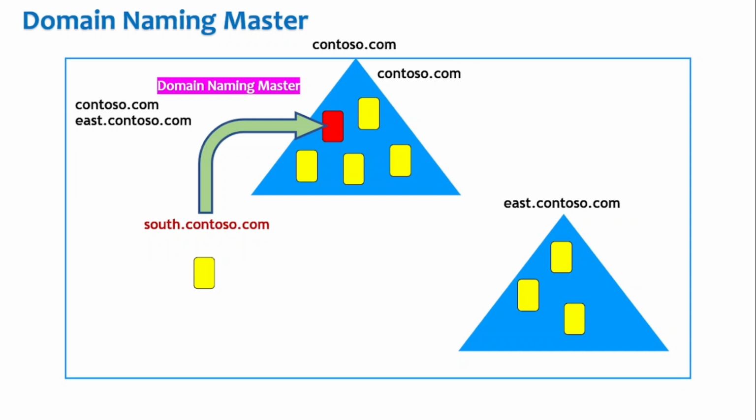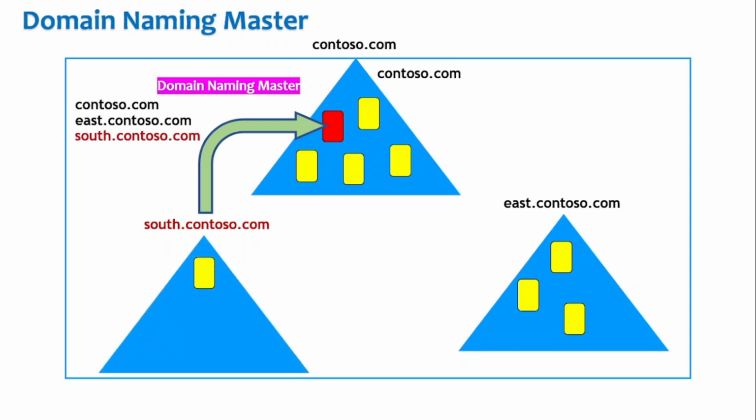But in our example over here, south.contoso.com is not present in its list. So it will allow us to create a domain with the name south.contoso.com, and it will also update its database by adding south.contoso.com. So this is the role of domain naming master in adding a new domain in the Active Directory forest.